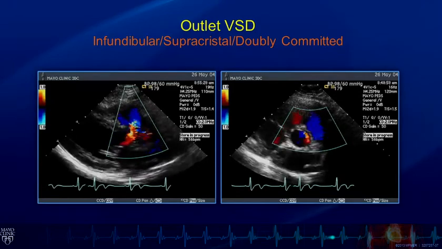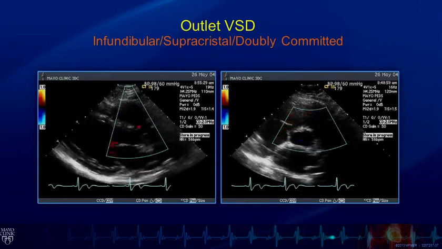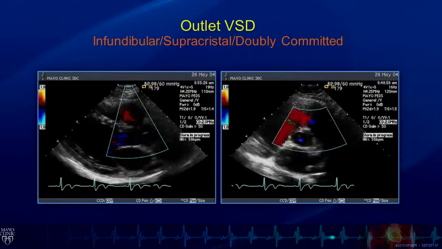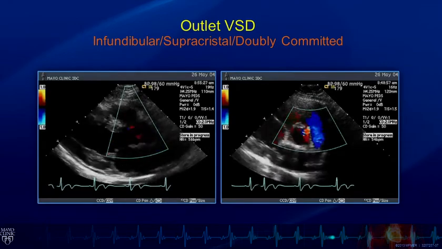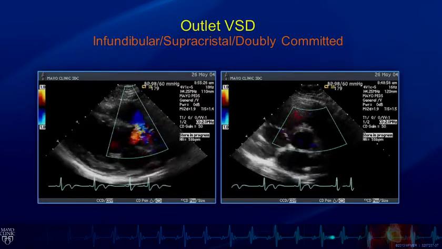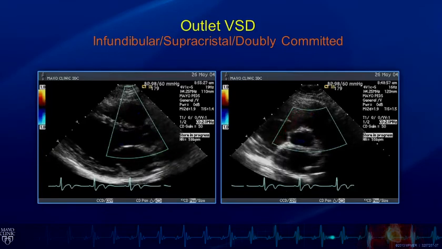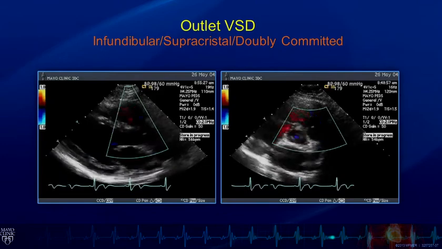And with real-time imaging, shunting can be demonstrated in the long axis view. And again, the important thing here is to locate the ventricular septal defect, which is on the apical side of the aortic valve. And in the short axis view, it is located close to the pulmonary valve, so we know that this is an outlet ventricular septal defect.